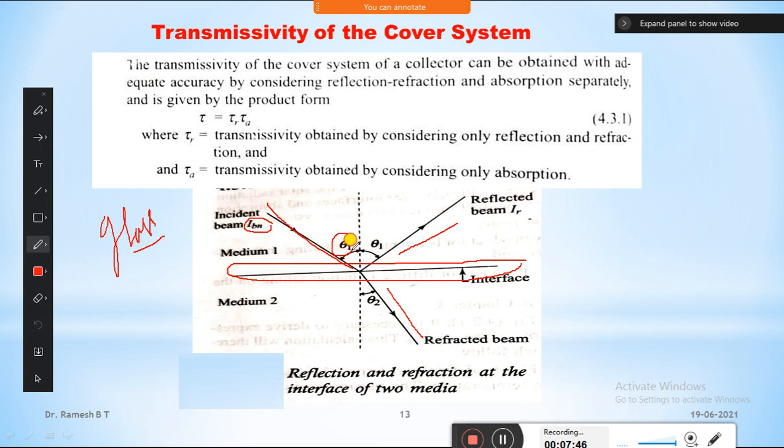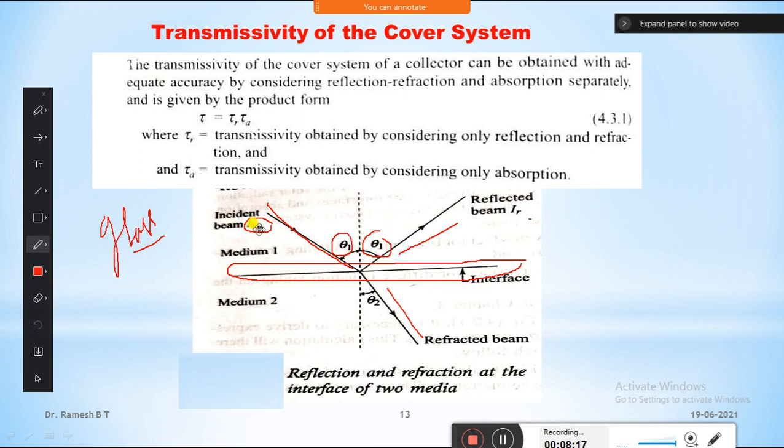And the reflected angle is also theta 1, meaning the incident angle is equal to the reflected angle. Reflected means it is simply a waste of energy. So of the solar radiation, 100%, about 50% is wasted in the form of reflection, and the other 50% is refracted and useful, meaning it will pass through media 2 and reach the observer plate.